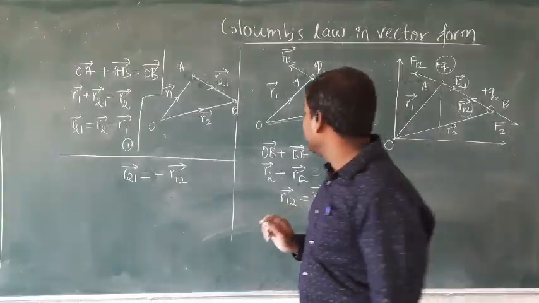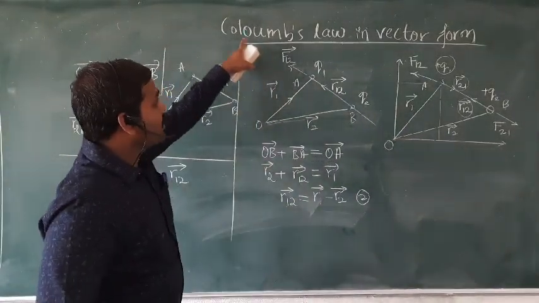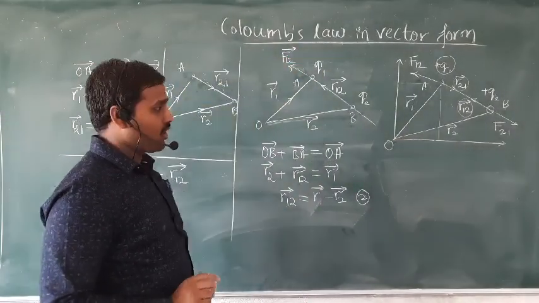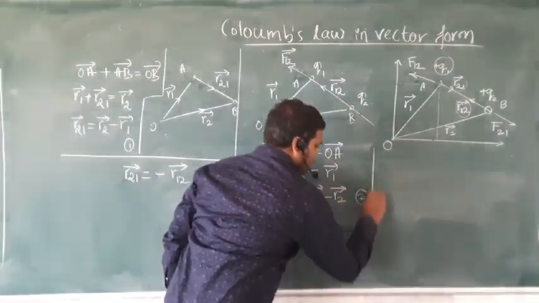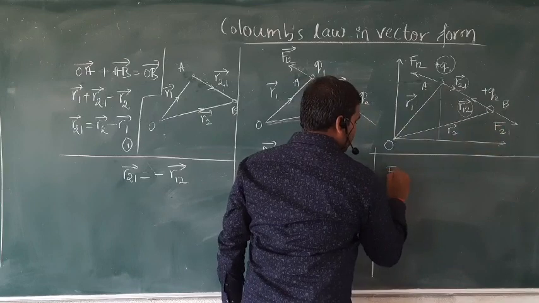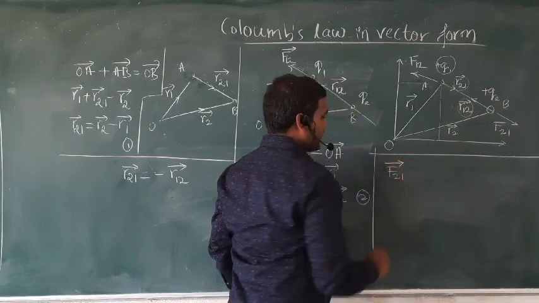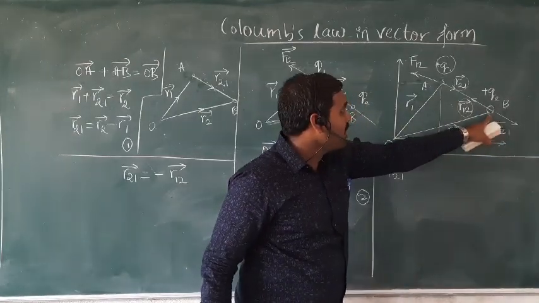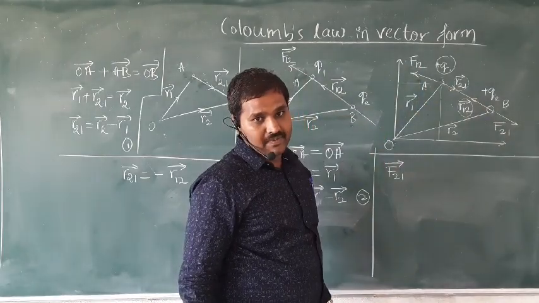Okay, so how do we write Coulomb's law in vector form? For that, consider the force F21. It is the force acting on charge 2 because of charge 1.